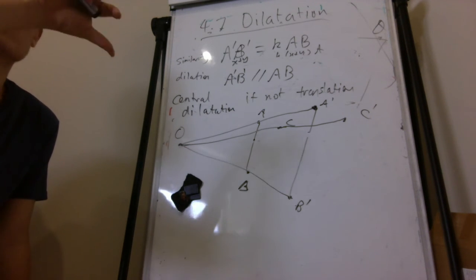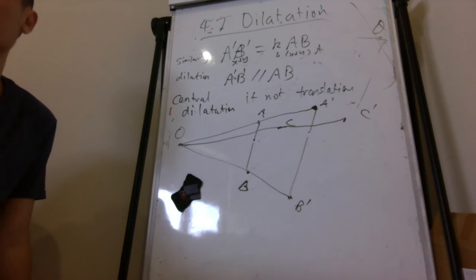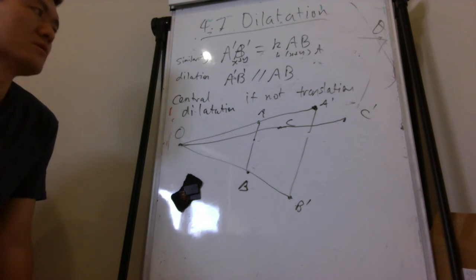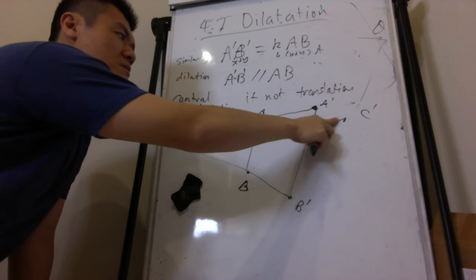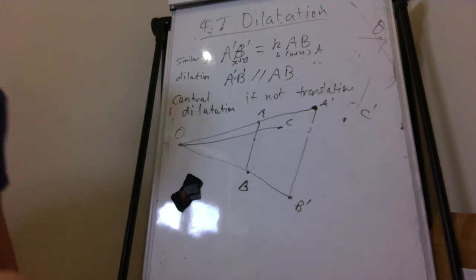Remember, we have 3 points that are collinear, and the images of the 3 points are collinear. So this doesn't show that they lie on the same line. It doesn't show O, C, and C prime are collinear. That's just what we're trying to show.